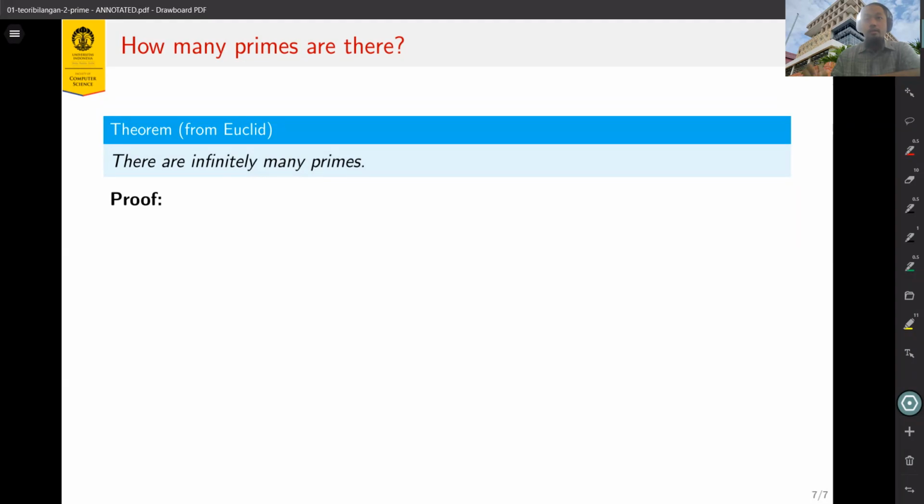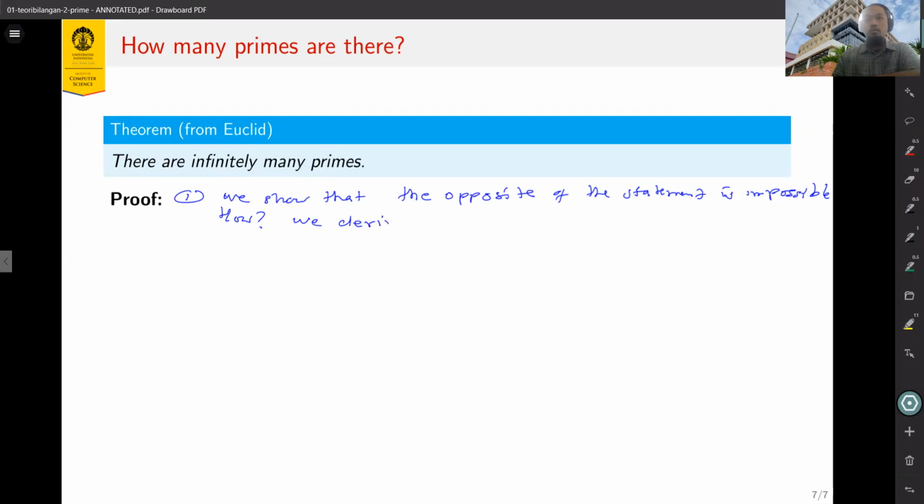So the idea is that first we show that the opposite of the statement is impossible, right? How? We derive a contradiction by assuming the opposite of the statement.